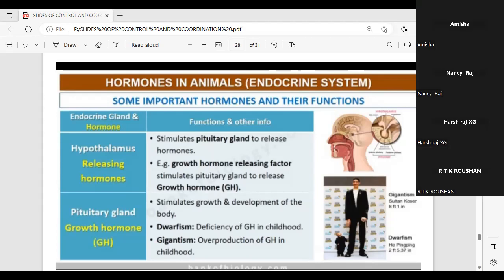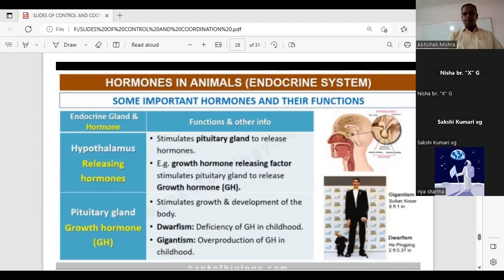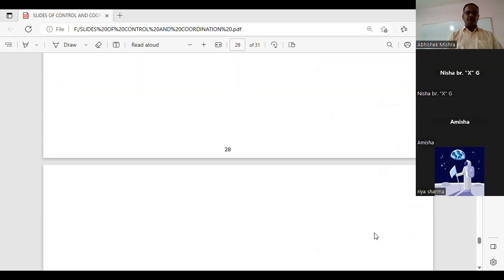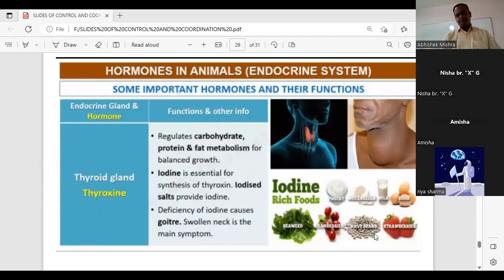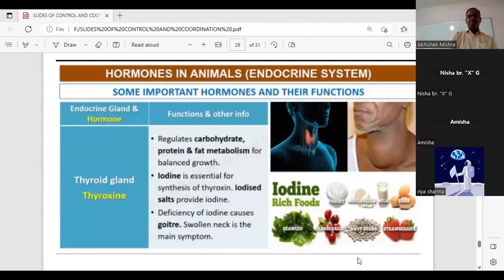Next, Amisha, unmute yourself. Yes, sir. Amisha, what is the name of the hormone secreted from the thyroid gland? Even take the help of the slide which I am displaying, so that you can memorize it parallelly.